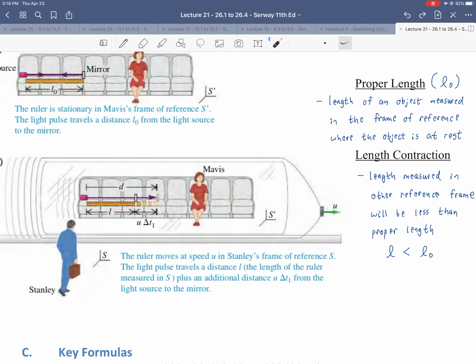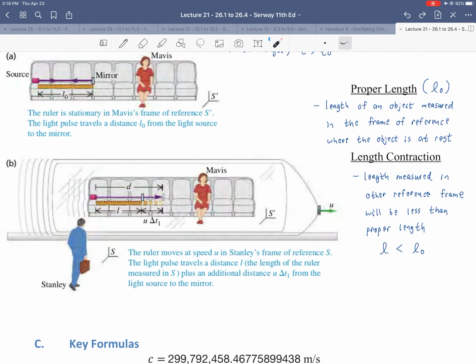So what length will Stanley see? We should have the length contraction.